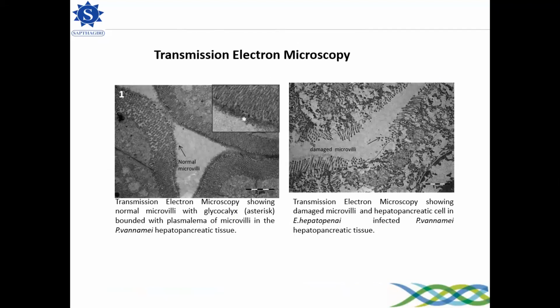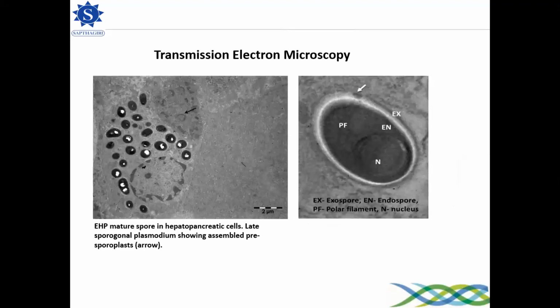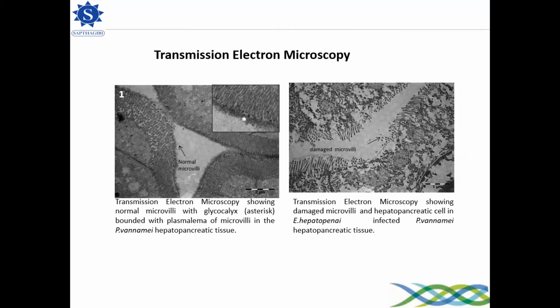The first picture shows healthy microvilli and the tubular space. Microvilli absorb all the nutrients. Second one is HP cells completely damaged and the microvilli structure completely distorted. So at EHP infection time, all the microvilli are getting sloughed off.